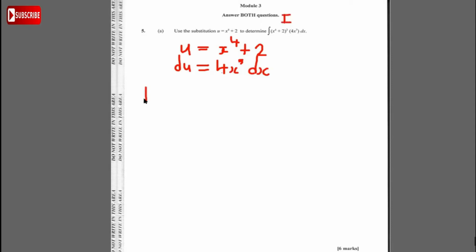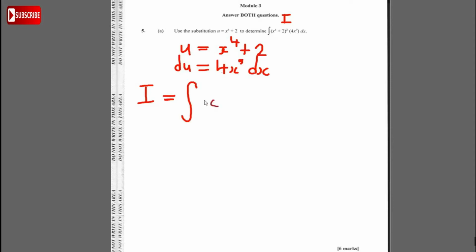And so I is equal to, now look what I'm going to do. Instead of saying 4x to the 7, I'm going to break up 4x to the 7 as 4x cubed times x to the 4.